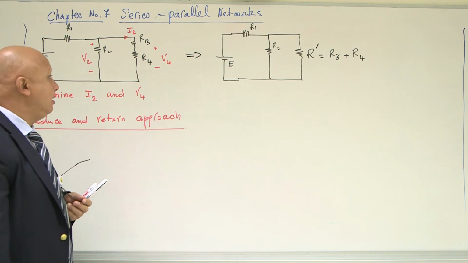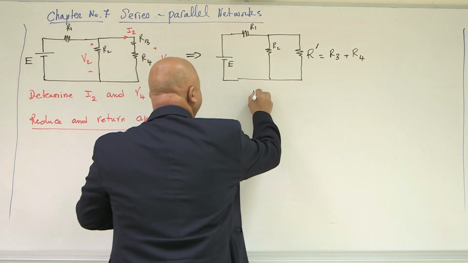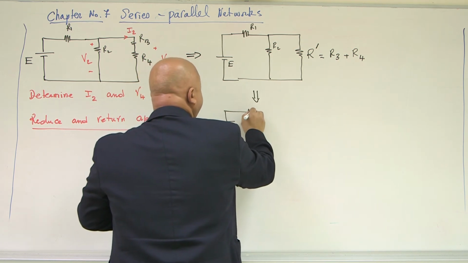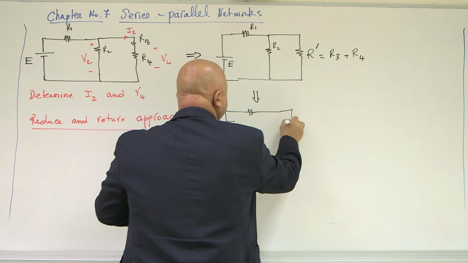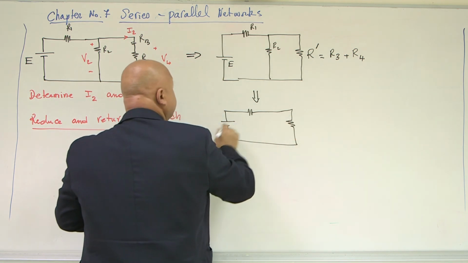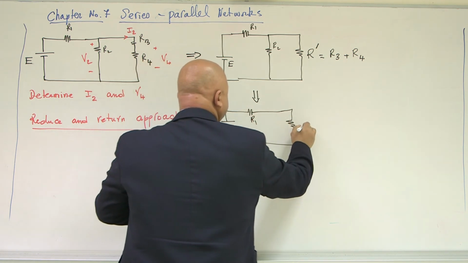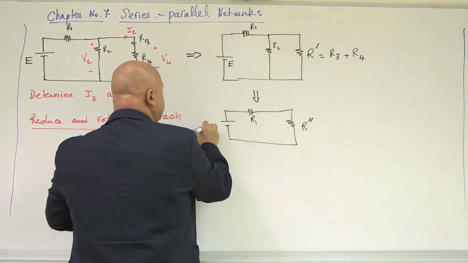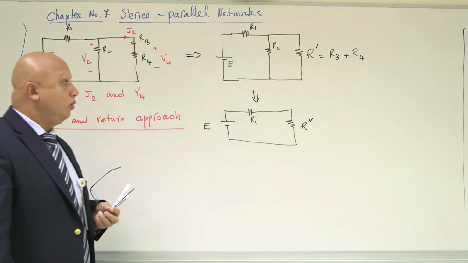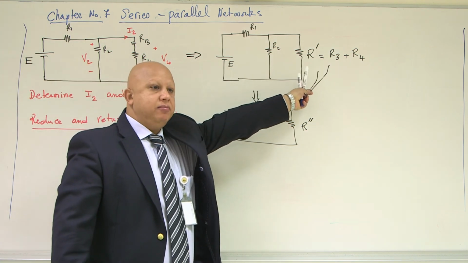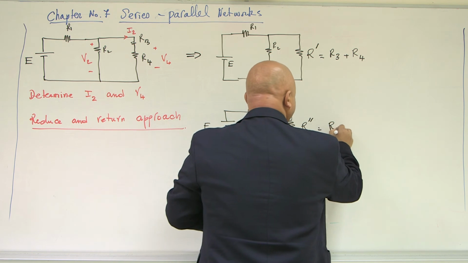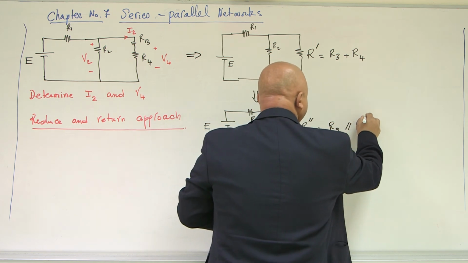Then we can simplify this circuit to become R dash dash, where we combine R2 in parallel with R dash. You got the point?